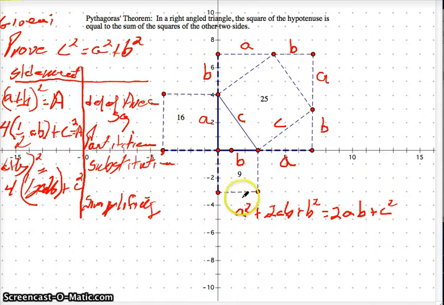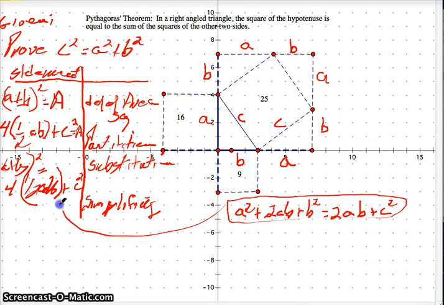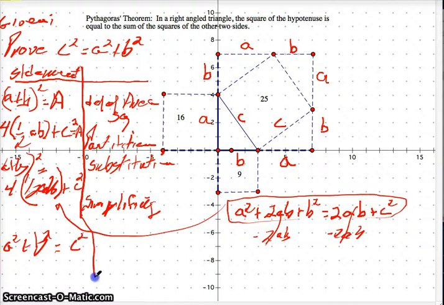I bring all of this over to here. Then what can I do? I can subtract 2AB from both sides, and these will cancel out, and I'll end up with A squared plus B squared equals C squared. I did that by subtraction.